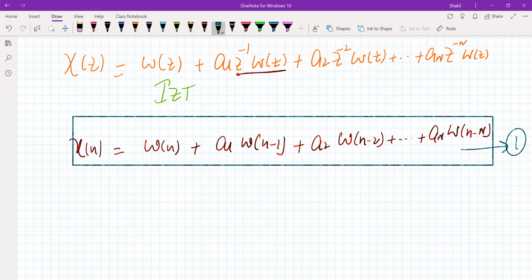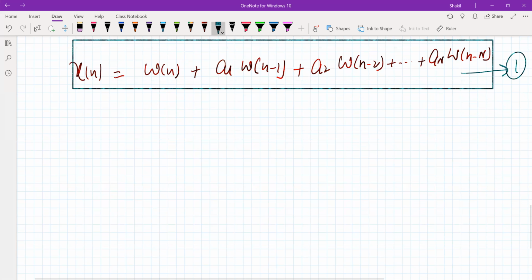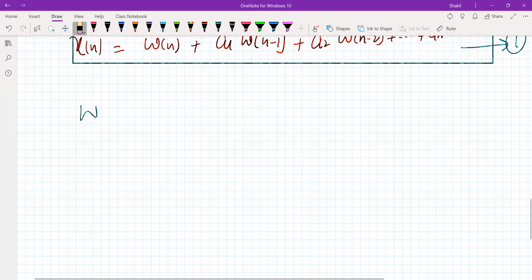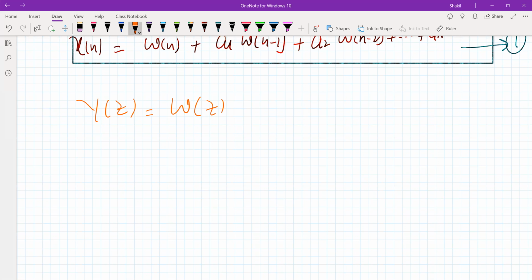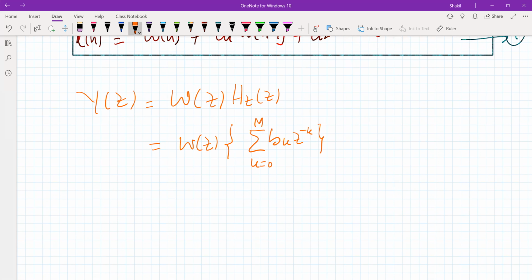Now to realize the second part, we said Y(z) is equal to W(z) multiplied by H_Z(z). What's H_Z(z)? Substituting that here, this is the summation k running from 0 to m, not n, m, of b_k z^-k.